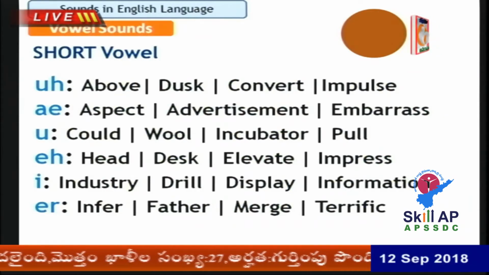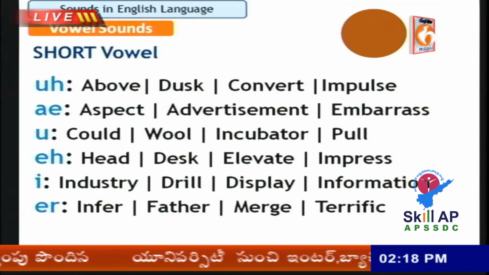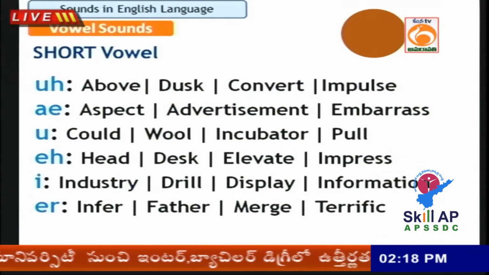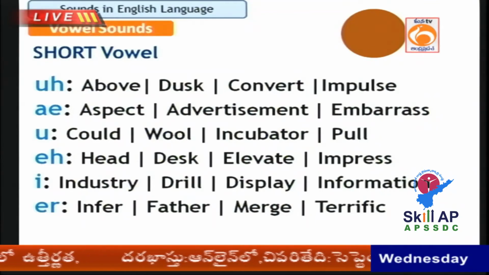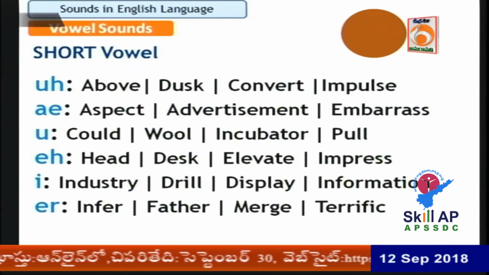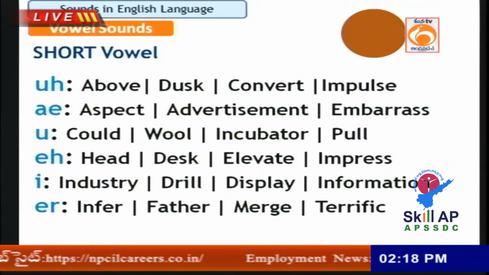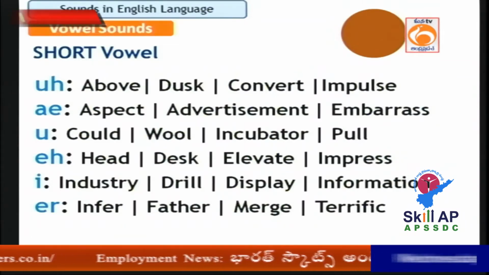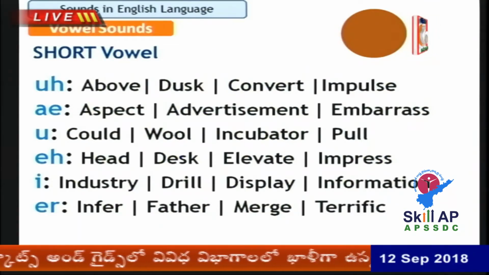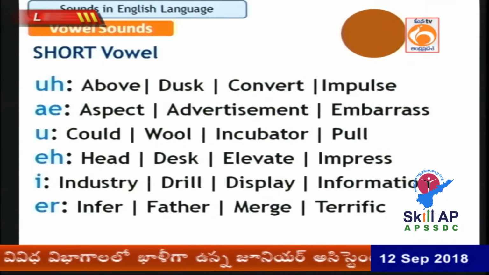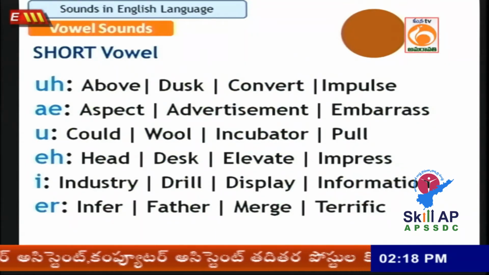E, for example, industry, drill, display, information. These are the short vowel E sound. You can't pronounce that as industry, drill, display, information with a long sound. No, those are wrong pronunciations. Then wherever you have father, mother, brother, sister, all these have the same sound.